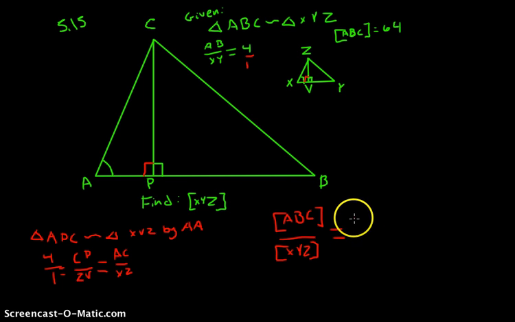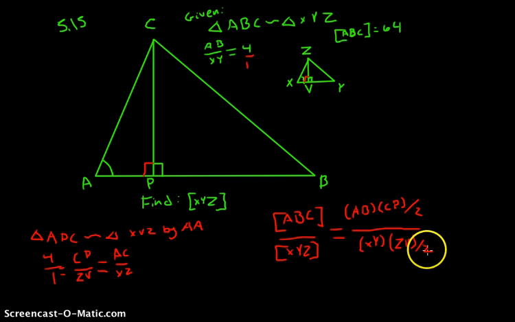For triangle ABC, it's going to be AB, which is the base, times the height, which is CP, all over 2. And for XYZ, it's just going to be XY, which is the base, matching up with AB, times ZV over 2.